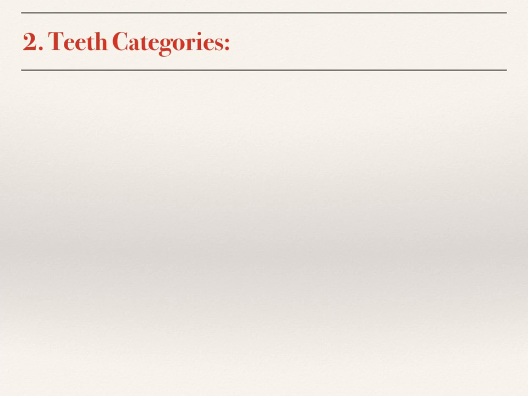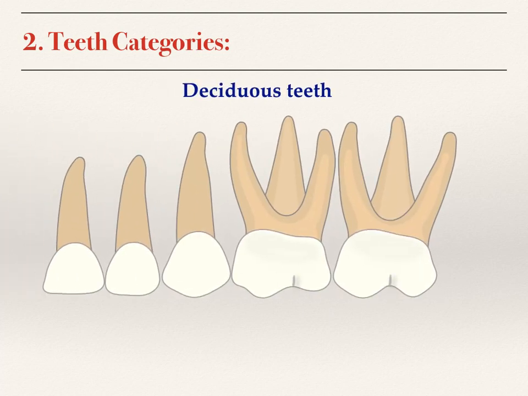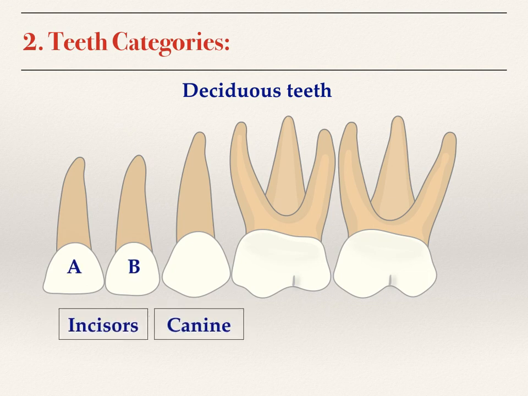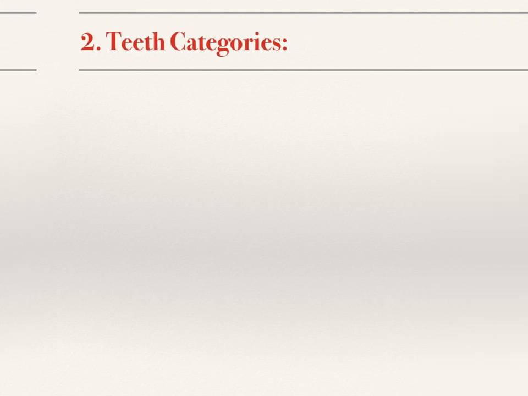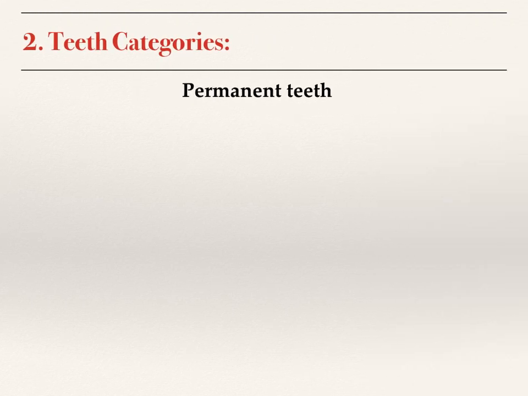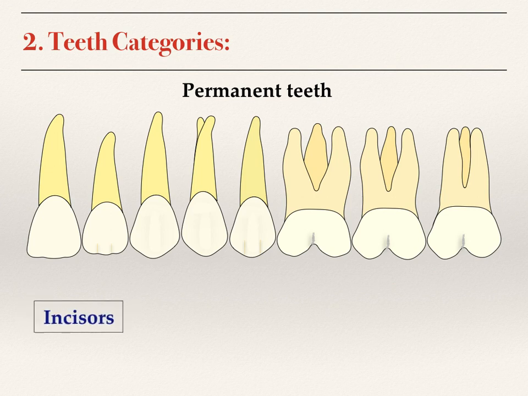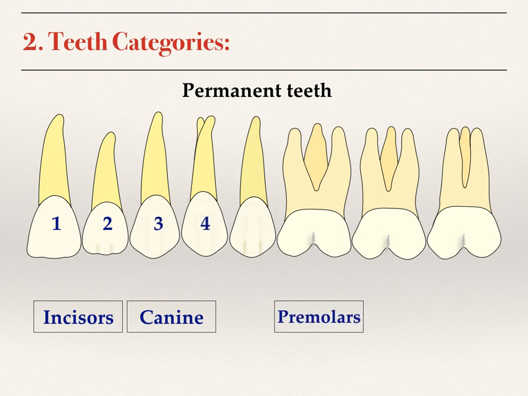Differences in teeth categories. Number one, deciduous teeth contain incisors A and B, canine C, molars D and E. Permanent teeth, incisors 1, 2, canine 3, premolars 4 and 5, and molars 6, 7, and 8.